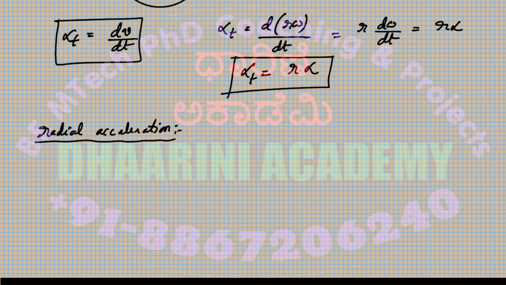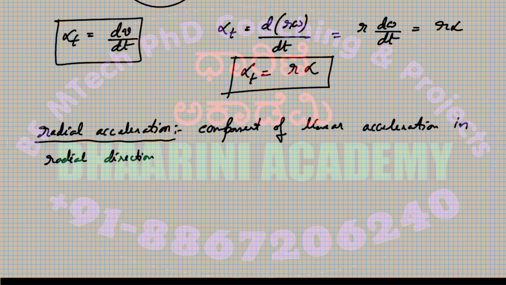Radial acceleration: the component of linear acceleration in the radial direction is called the radial acceleration, or it's also called the centripetal acceleration.